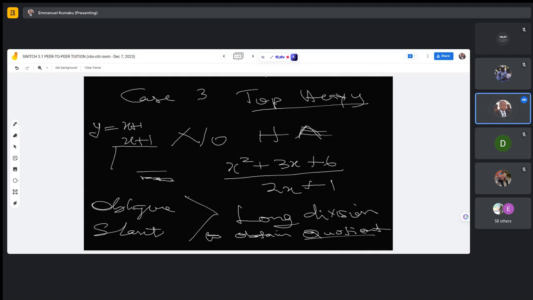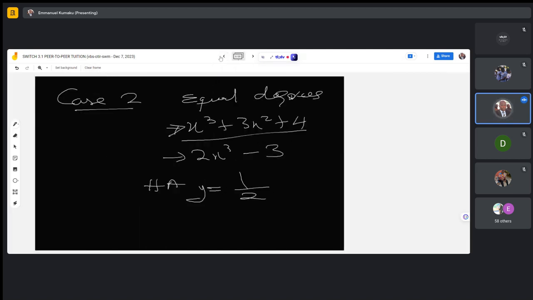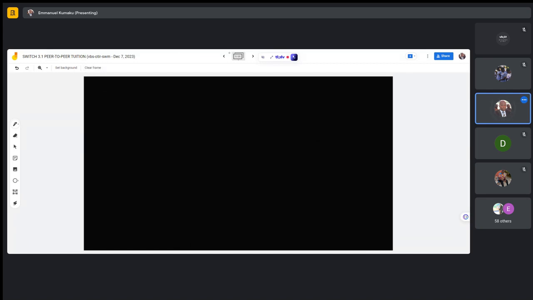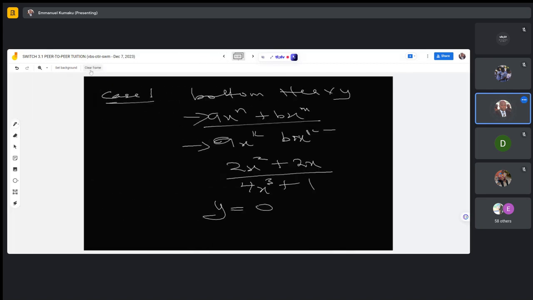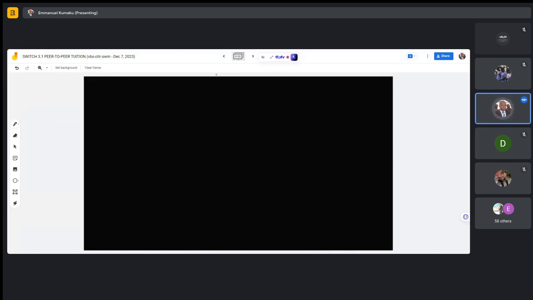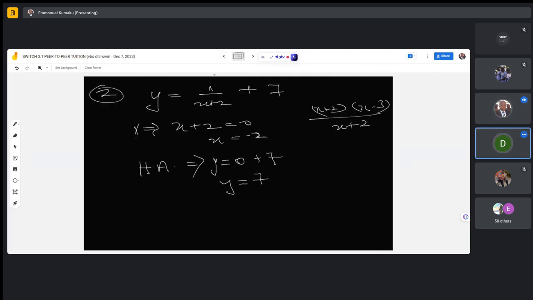It's always a slant asymptote where the power of the numerator just exceeds the denominator by 1. That's the third case: slant asymptote, and there is no horizontal asymptote. I hope we have understood all these three cases for the horizontal, vertical and slant asymptote. Okay, let's go to the domain and range.